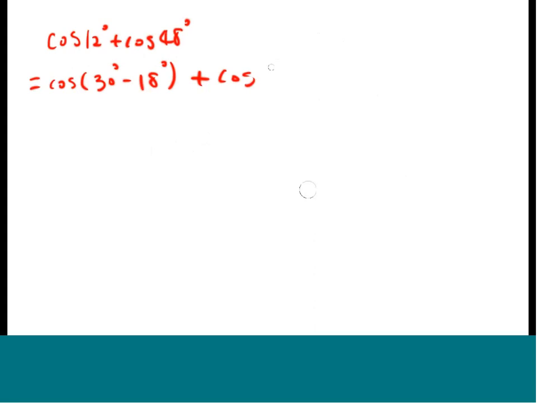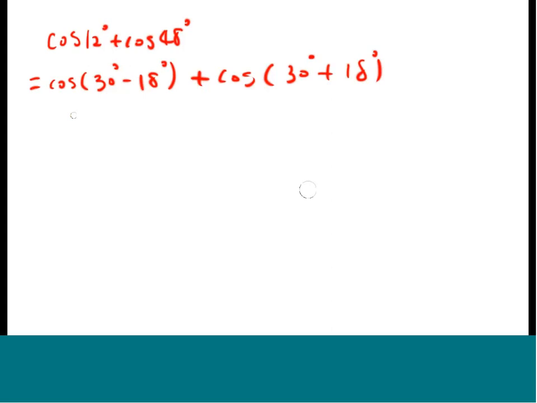Let's say cosine 12 plus cosine 48 equals cosine of 30 minus 18 plus cosine of 30 plus 18.